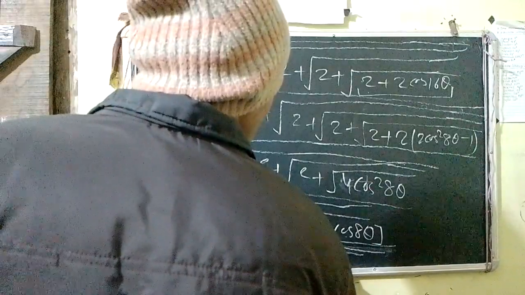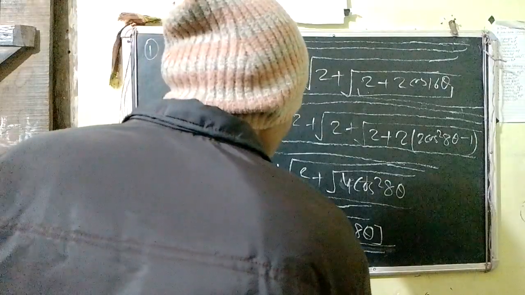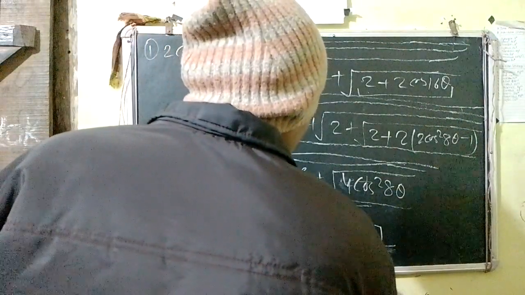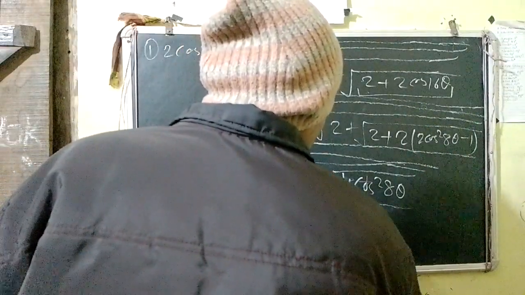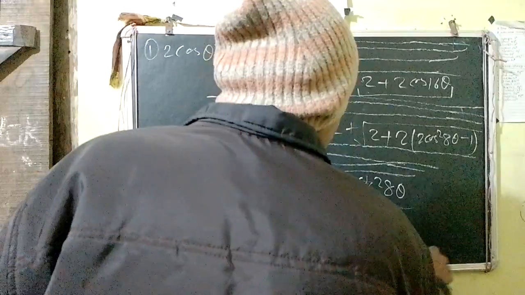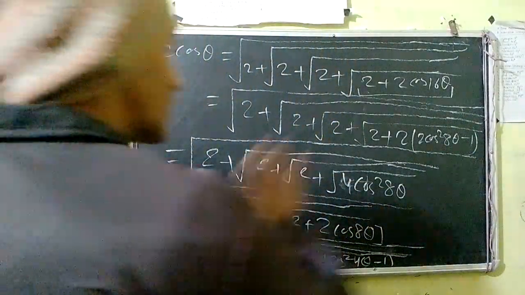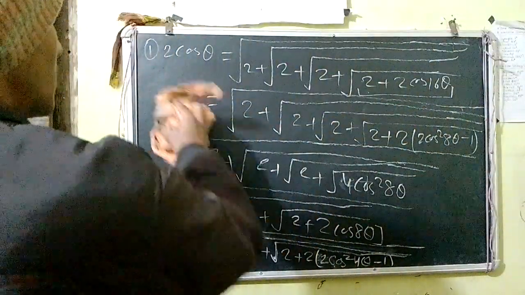The 2 should be in the front. So 2 cosine squared 4 theta minus 1. Now, furthermore, I'm going to write this out first, and then I'm going to show you what's next.